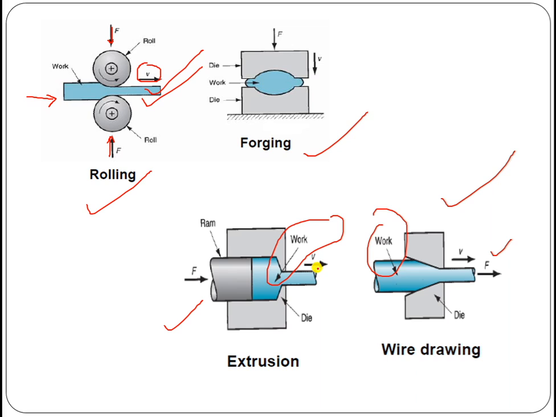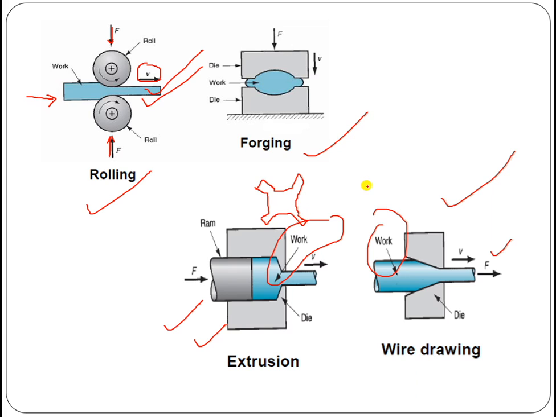The shape may be square, rectangular, or circular in extrusion cases, or it may be trapezoidal, or any kind of surface like this, as I have already told you. That is the cross section available as far as the extrusion process is considered.